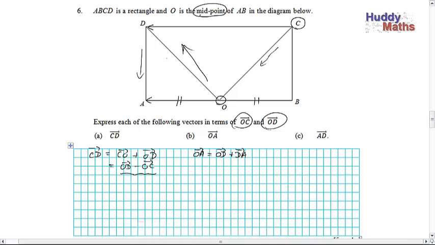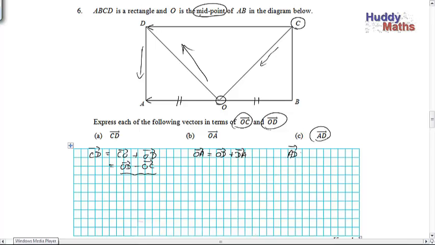We can say, well, let's try and get DA in terms of OC and OD. Can we do that? DA down here. Okay, well, it's an interesting one, this one, because it would have been easier to do AD first and come back, because OD plus DA needs the DA. So I don't know, do you want to do that first? I think that might be easier.